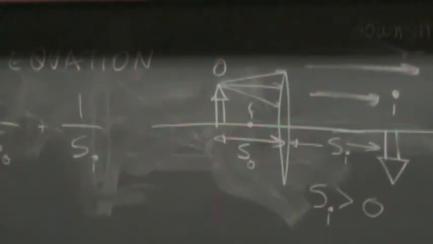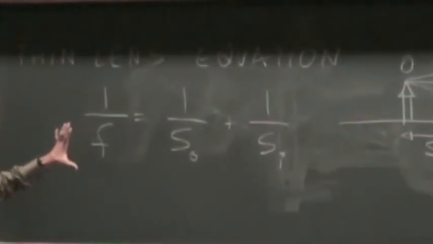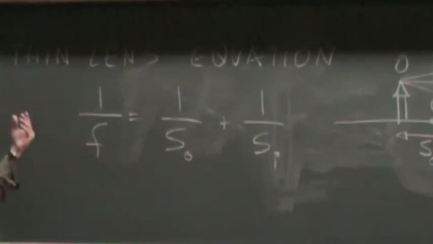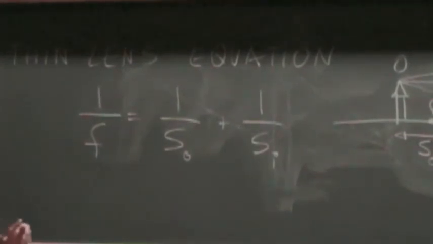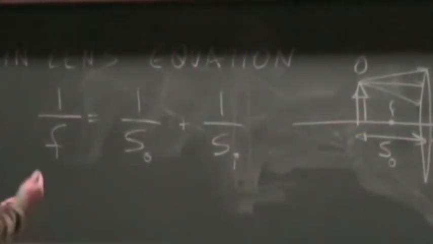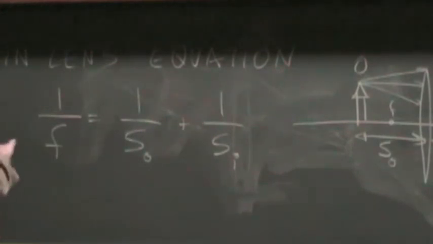The other important thing to keep in mind when using this equation, which is pretty simple to use, is that the focal length can be a positive or negative number depending on whether the object is converging or diverging. If it's a converging lens, then you use a positive number for that distance. If it's diverging, you put a minus sign. The same for mirrors. If it's a concave mirror, you're going to use a positive focal length. If it's a convex mirror, you're going to use a negative. Okay? Remember the analogy between concave and converging and convex and diverging.